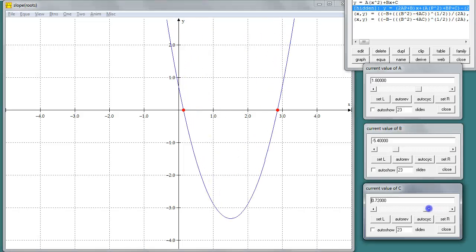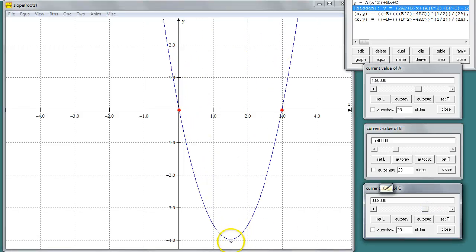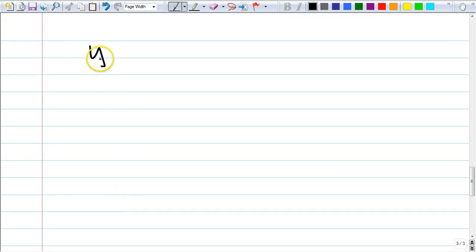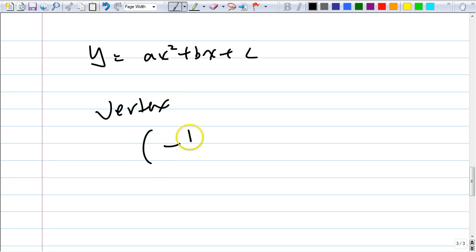So that's why the x-coordinate of this vertex is always going to be right in between these 2 roots, which is going to be the average of these 2 roots. And the easiest way to find these roots is when c is equal to 0. So that's what we did to figure this out. So therefore, the vertex of this parabola, or any parabola, y equals ax squared plus bx plus c, is always going to be negative b over 2a, comma, f of, if I call this f of x, f of negative b over 2a.